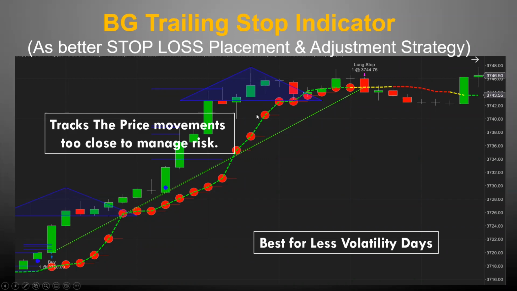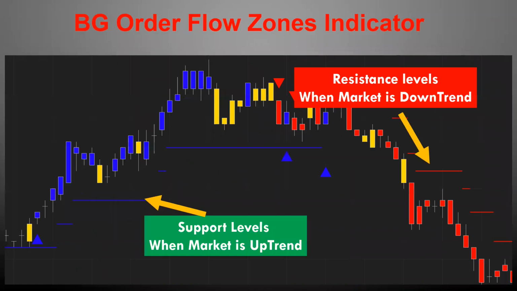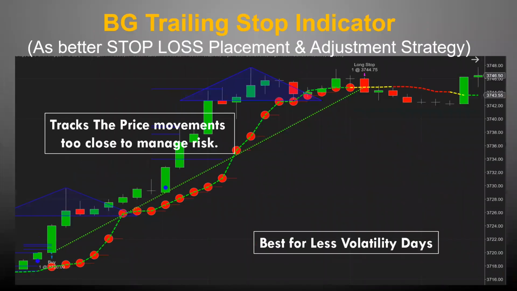The trailing stop is really a great signal for that. Let's find something that's better for less volatile days. So the order flow zones indicator is another indicator we have to help you run the trade.